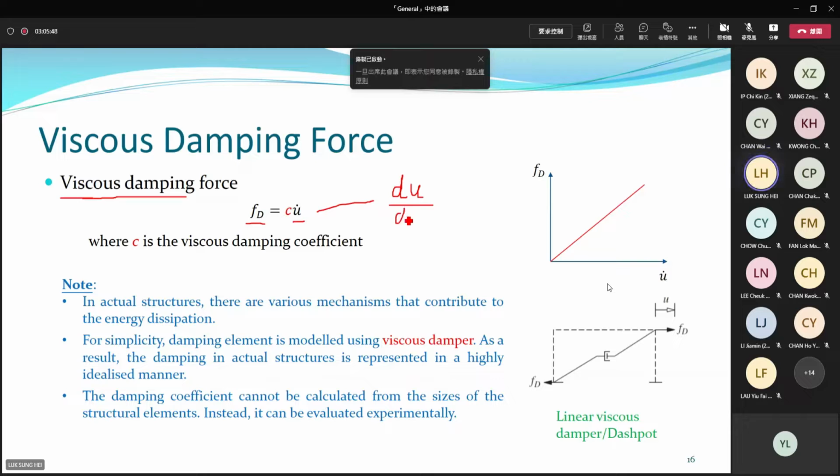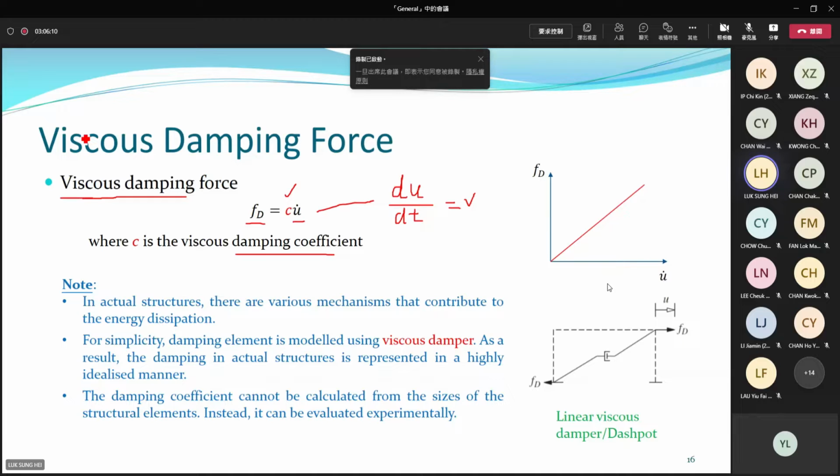What is du/dt? Velocity. Viscous damper assumes that the damping force is linearly proportional to velocity. The proportional constant is C. We call it the damping coefficient.